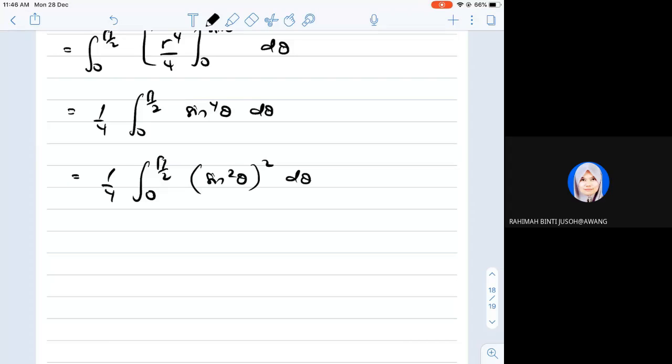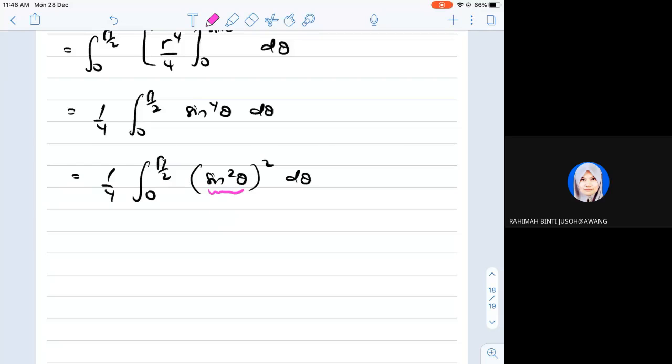So we will have, okay, from here guys, if you notice this, betul dah kawan you cakap tadi tu, kita guna double angle, right? So this is equivalent to 1 minus, bukan double angle, this is trigonometric identity.